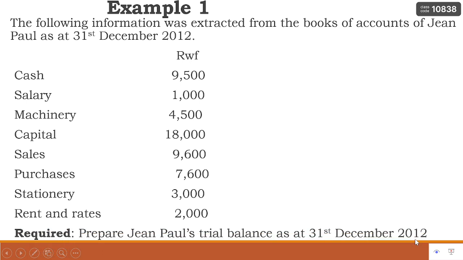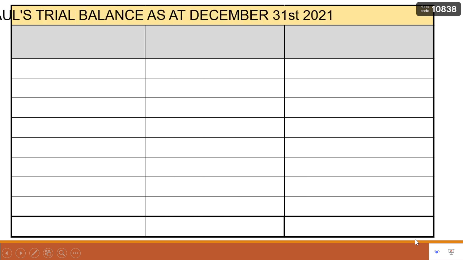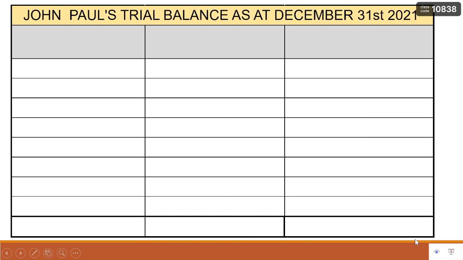And here is the question: we are required to prepare Jean Paul's trial balance as at 31st December 2012. We shall have the accounts before this, but we are required here to prepare the trial balance.